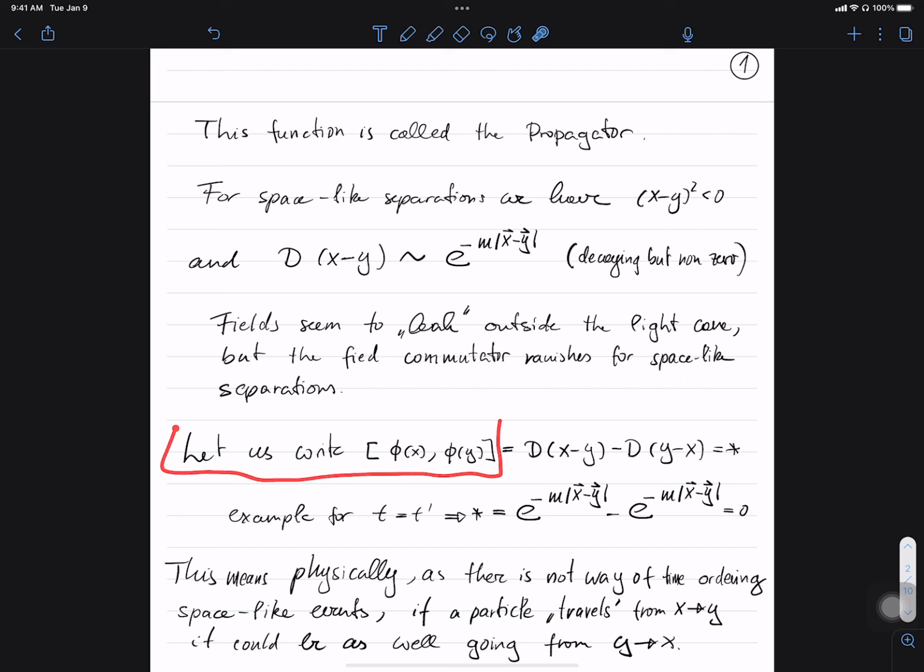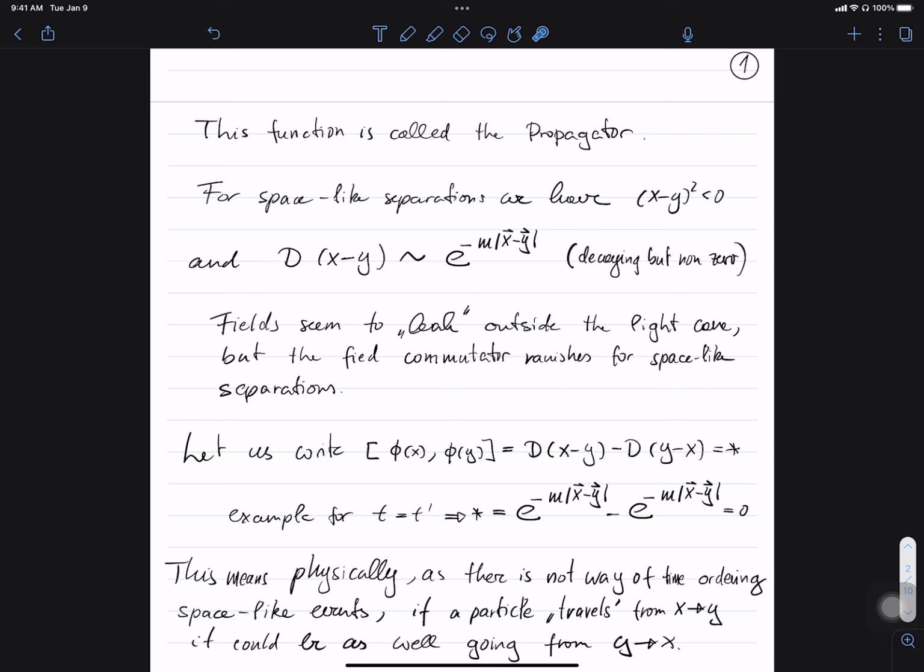We can write the commutator of phi(x) and phi(y) as before, as an identity, as D(x minus y) minus D(y minus x).